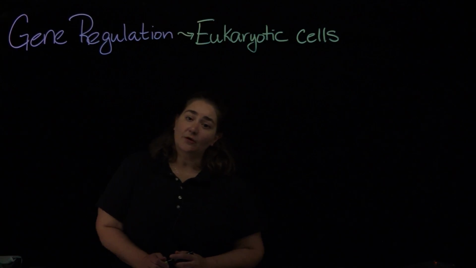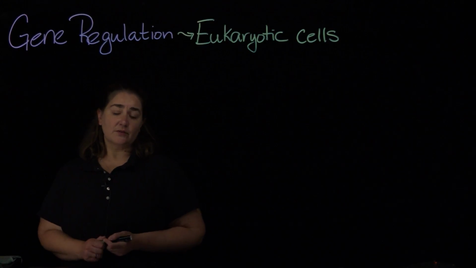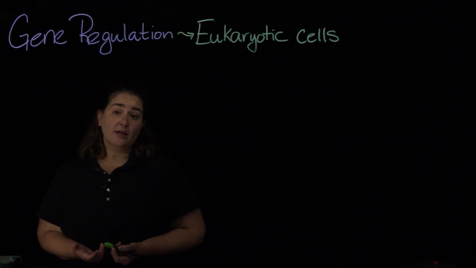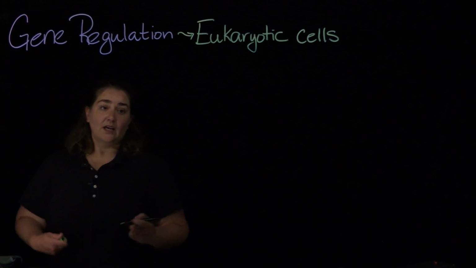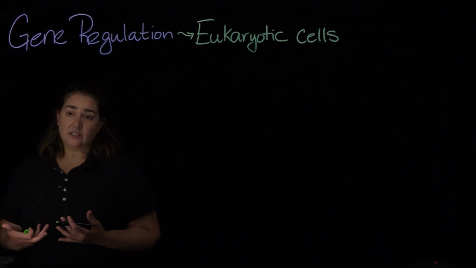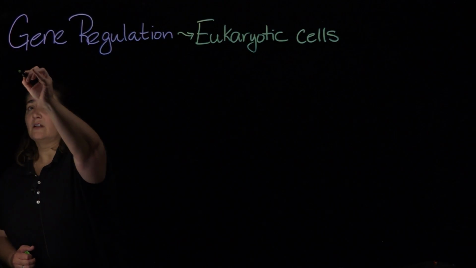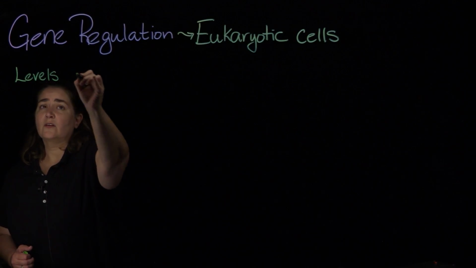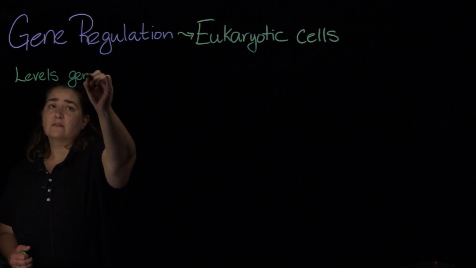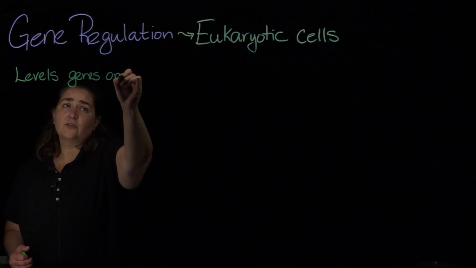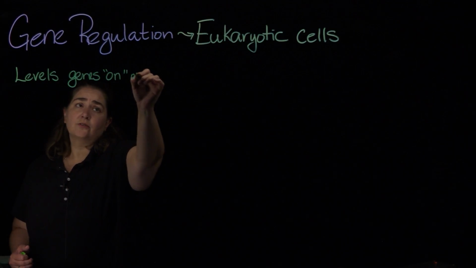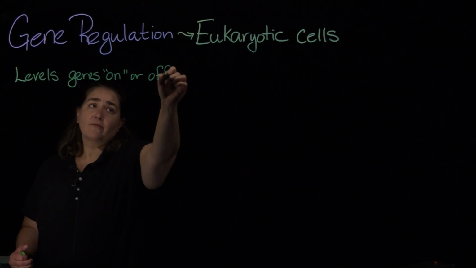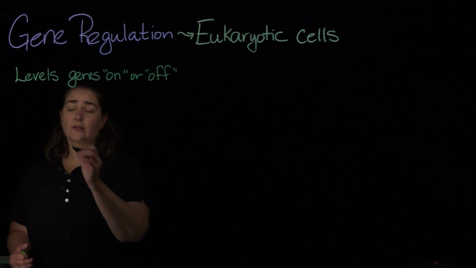Hello and welcome back. The topic for this video, we're now going to talk about how eukaryotic transcription is regulated. And we've got a lot of other options here to talk about and a lot of different levels where genes can be turned either on or off. Okay?